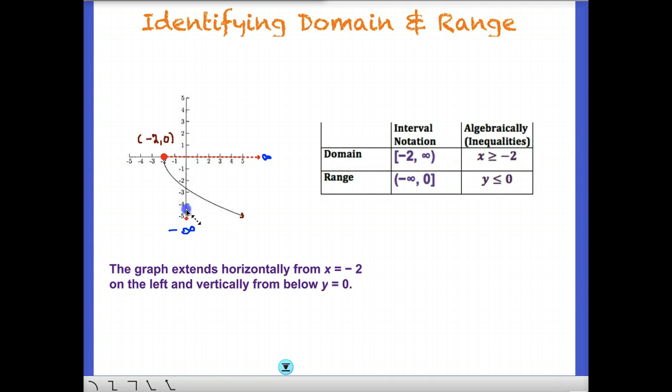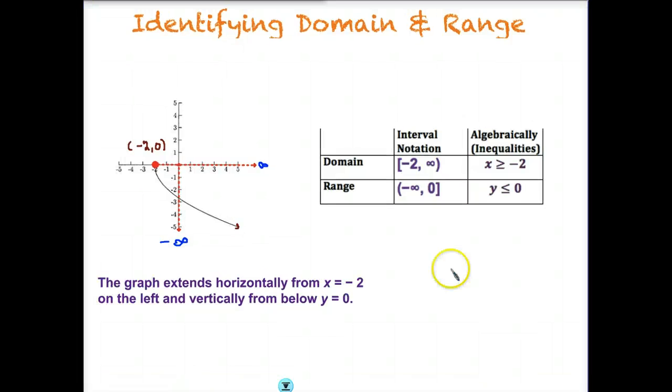So we're down here at -infinity, and then it stops right there at 0. If we look at how to write our range, we say that all the y values are less than or equal to 0. So here's 0, and then all the way down here to -infinity are all the numbers that are less than or equal to 0.